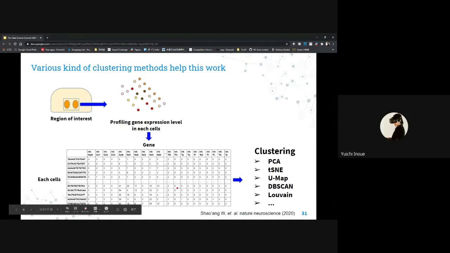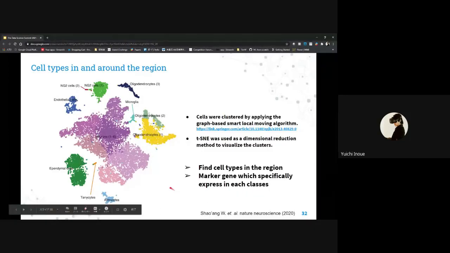We can then use this data to find cell types by clustering, such as PCA, t-SNE, and DBSCAN. In this paper, cells were clustered by applying the graph-based smart local moving algorithm, and t-SNE was used as a dimensional reduction method to visualize the clusters.